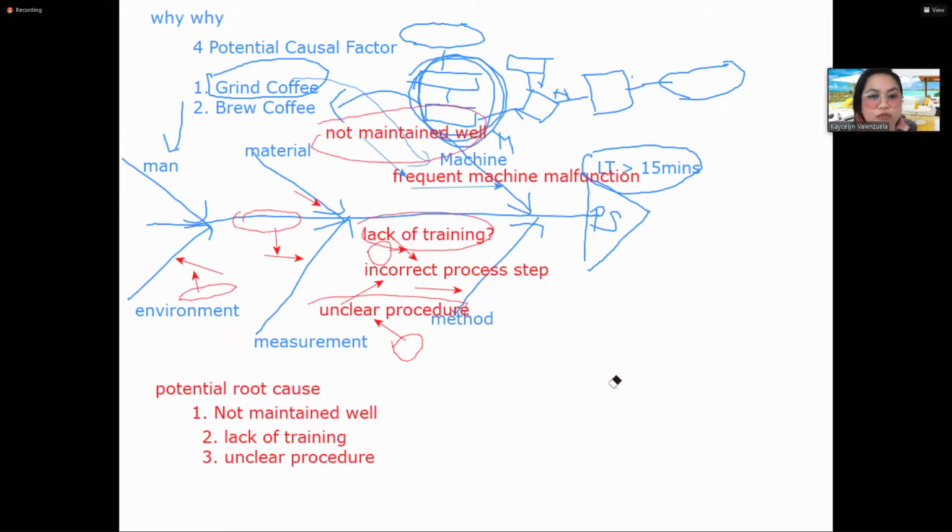How to identify kung meron pa pala? Now, para malaman nyo kung titigil na kayo dun sa lalim ng analysis nyo, you have to remember that yung mga ma-identify na root cause should be available, di ba? Data is available and can be gathered. Yun yung number 1.